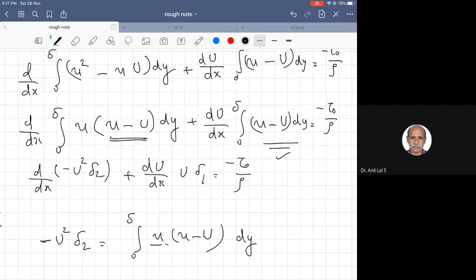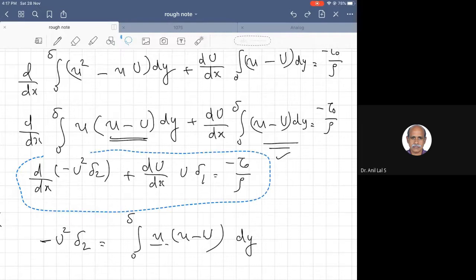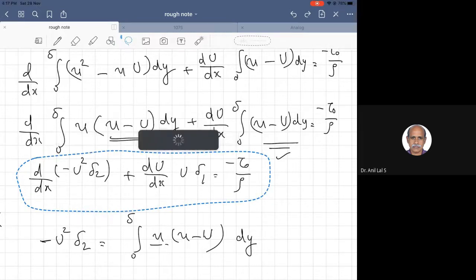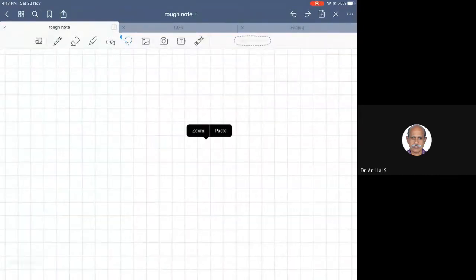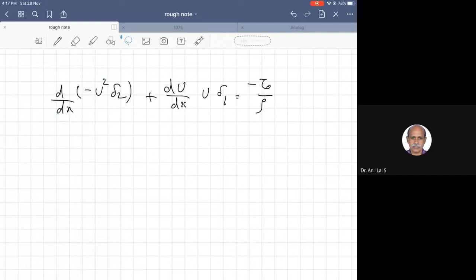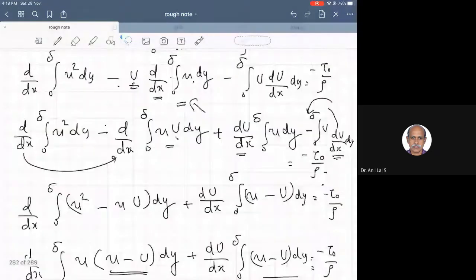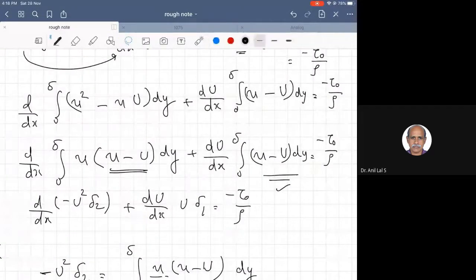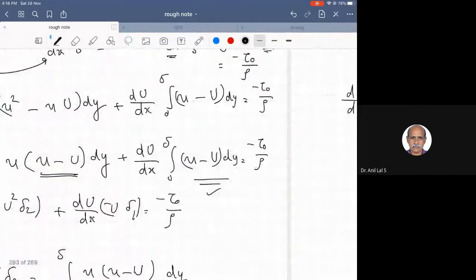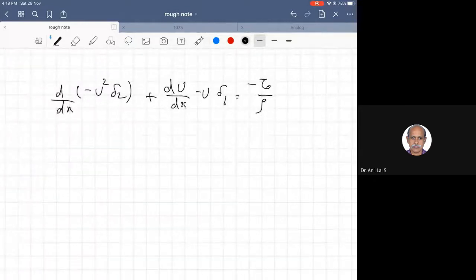So this is what is called one form of the momentum integral equation. Okay, the negative sign is everywhere.